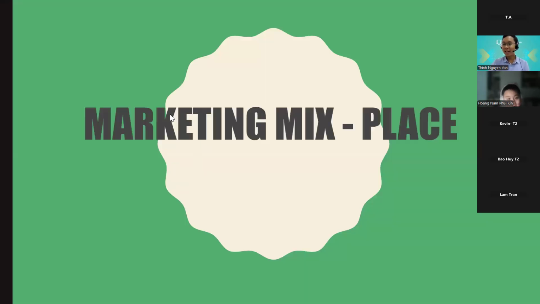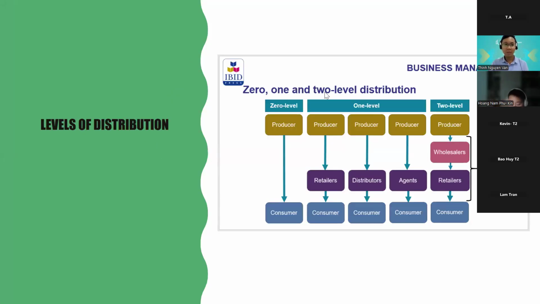Yeah, we do. Okay, now the last thing that we're going to talk about is place. Place is about the distribution of your product, how you deliver your product from your company to your customer. We have three things to consider. The first one, you sell directly to your customer.